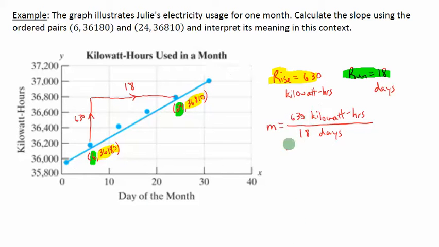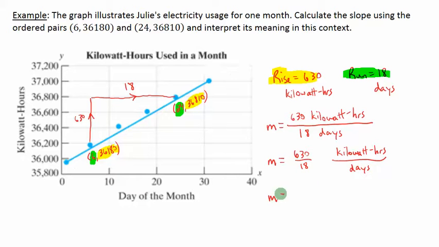So now I just need to simplify this down so that it makes sense. We can divide the numbers to get a number, and we can divide the units to get our unit.